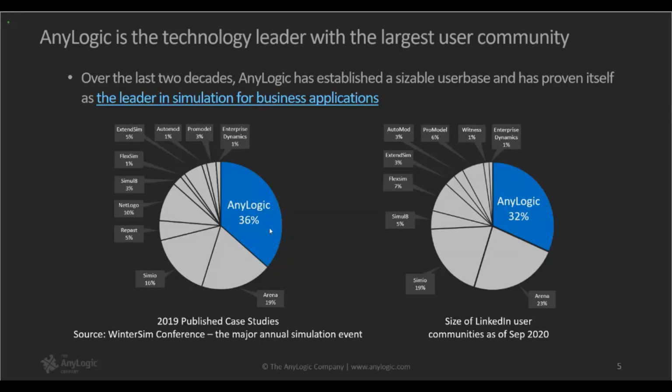This slide shows that last year at WinterSim, the main simulation event worldwide, 36% of models presented were built with AnyLogic software. And also, if you go to LinkedIn and count the simulation user community, you'll see that 32% of simulation software users are with AnyLogic.